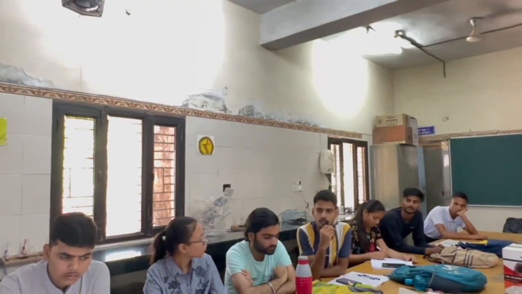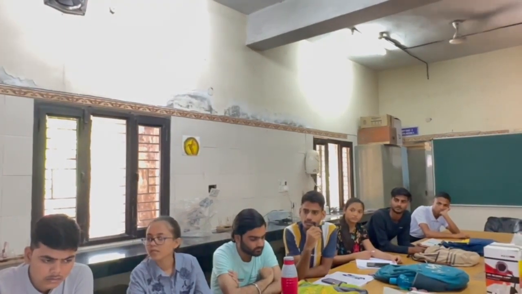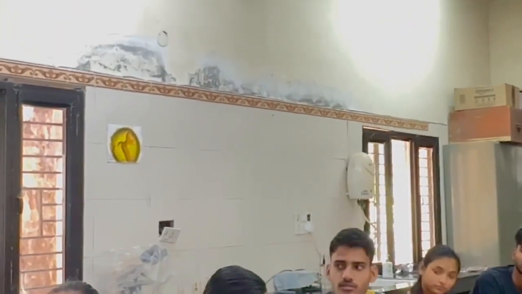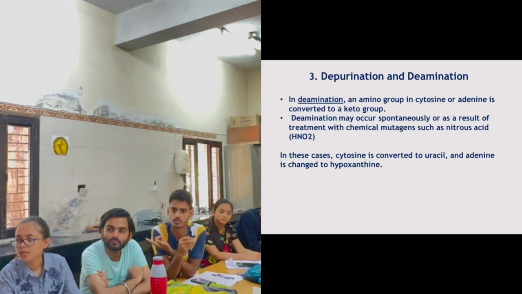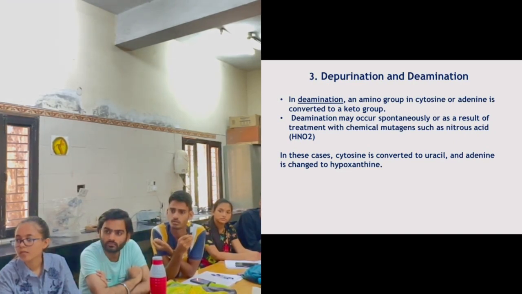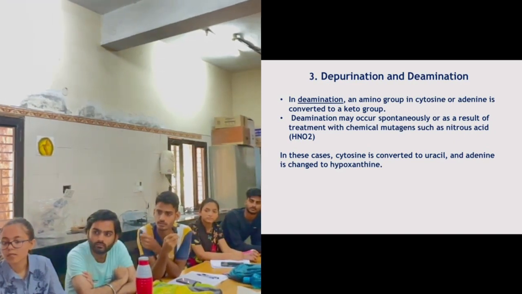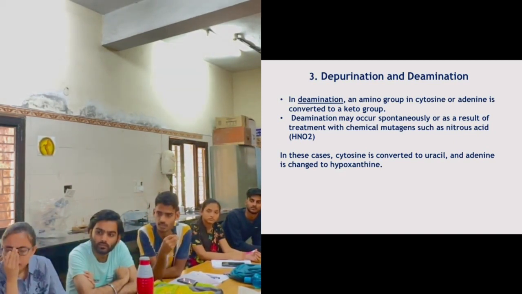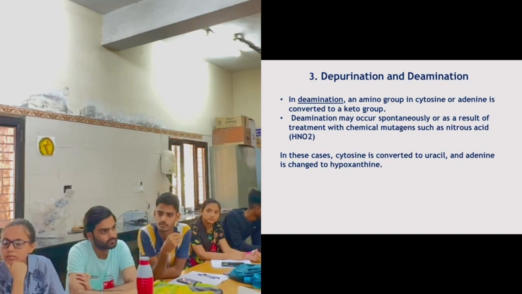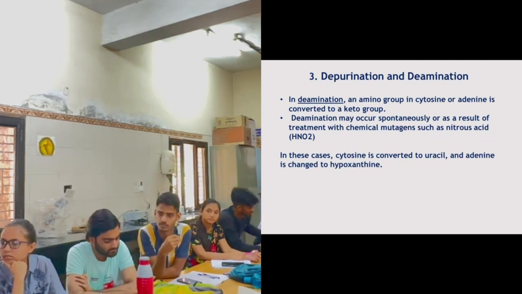And one more we feel like is deamination. Deamination is what? It is that the amino group in nature is converted to a keto group naturally in the cell spontaneously, and sometimes as a result of certain mutagens which have come in the cell. But what happens as a result of this is that the amino group is converted to a keto group.